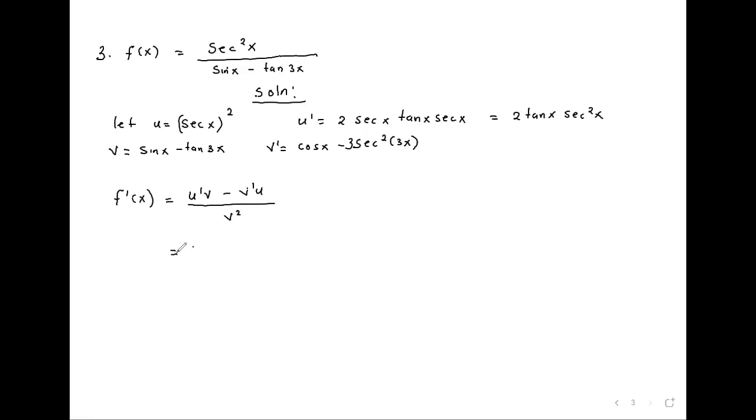U prime is 2 tan x sec squared x multiplied by v, which is sine x minus tan 3x, minus v prime, cos x minus 3 sec squared 3x, multiplied by u, sec squared x.